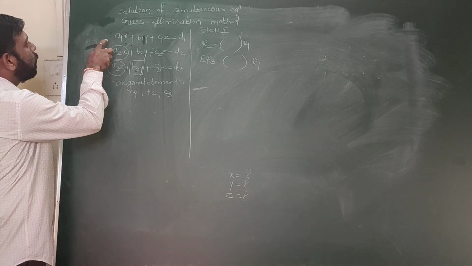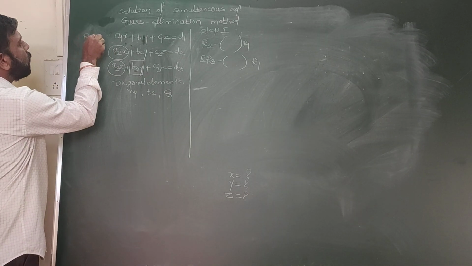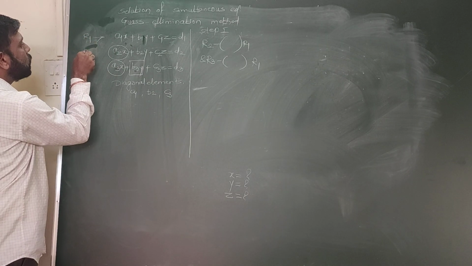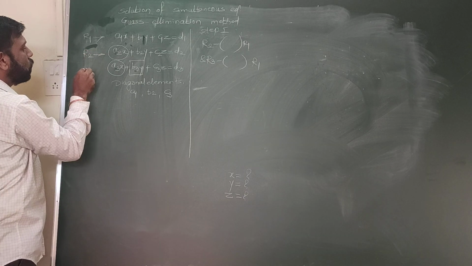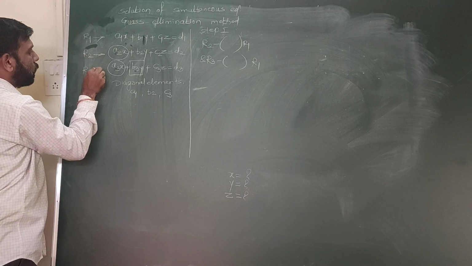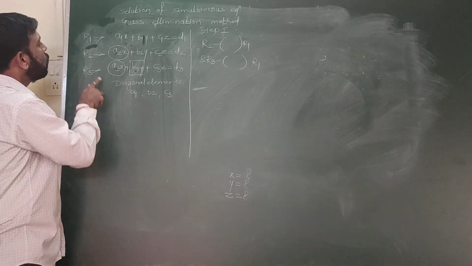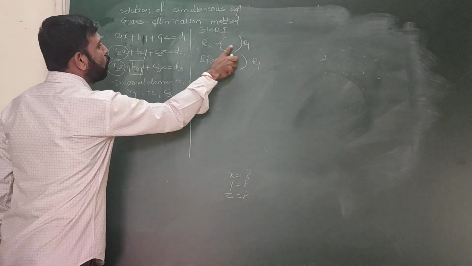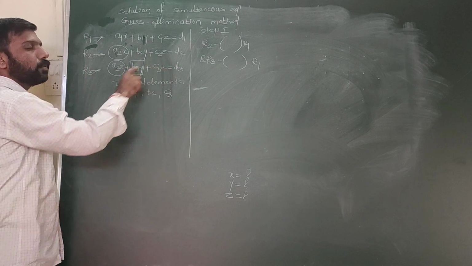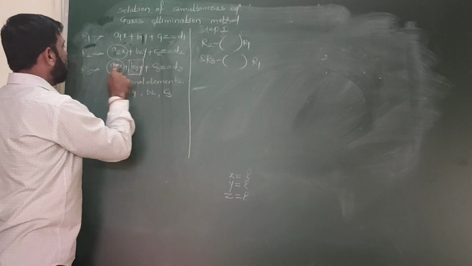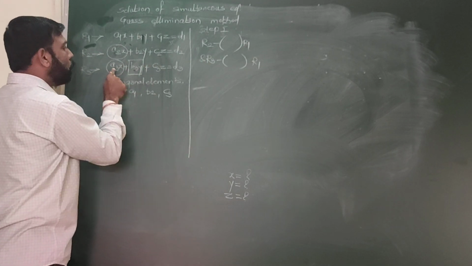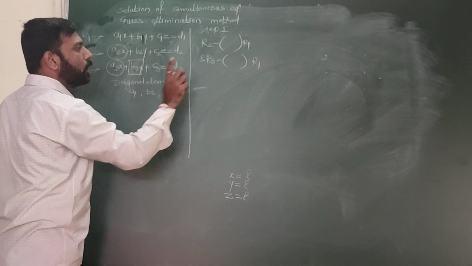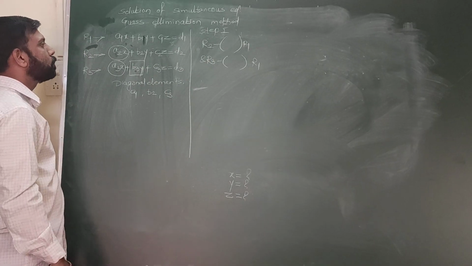Now see, this is our first row, that is R1, second row R2, third row R3. In the second row, to make this element 0, we are writing the operation for the second row. Similarly, in R3, to make this element 0, we have written the R3 operation.